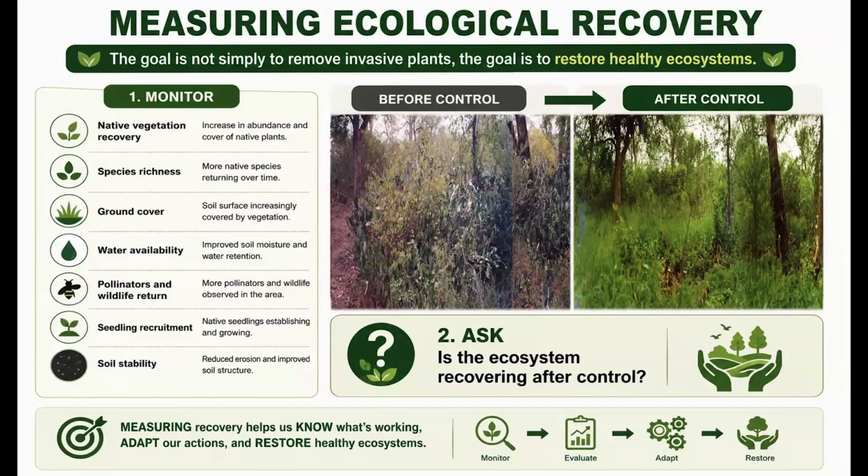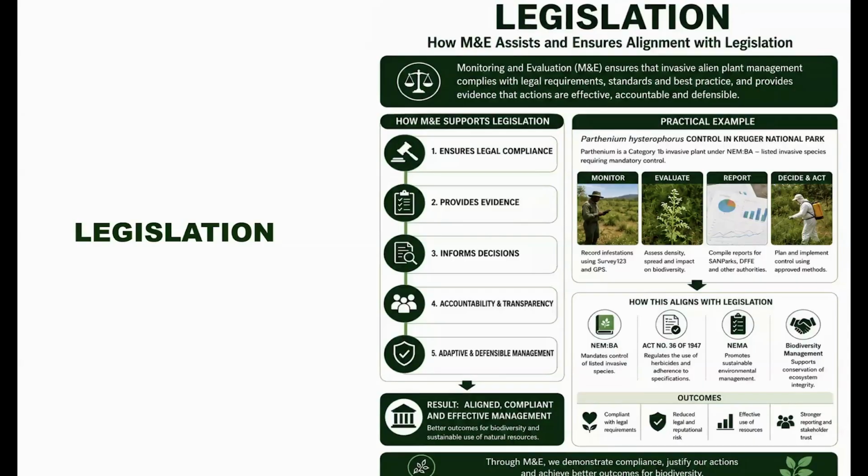The two images that I've used in this particular slide, the before picture was before biological control was introduced in a particular site in the Kruger National Park, and the second picture just shows how the system recovered. And I just want to emphasize in this particular case that no planting or introduction of seed was done, but the system was able to recover itself after management or biological control was introduced.